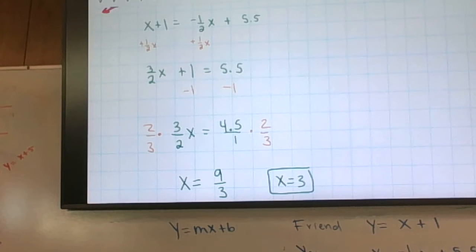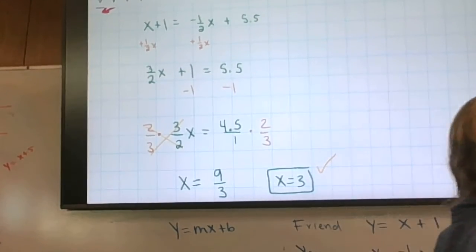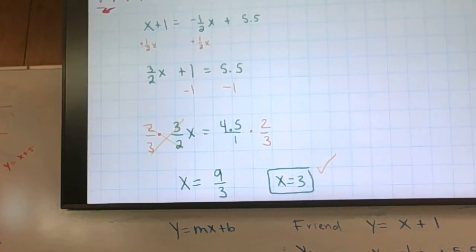When I multiply by the reciprocal, 4.5 times 2 over 3 is like 4.5 times 2 is 9, 1 times 3 is 3, and then you reduce it. Okay, and x equals 3 checks out with the fountain. When I look at the ordered pair of the fountain, x was 3. So that's good. Our system's looking good.